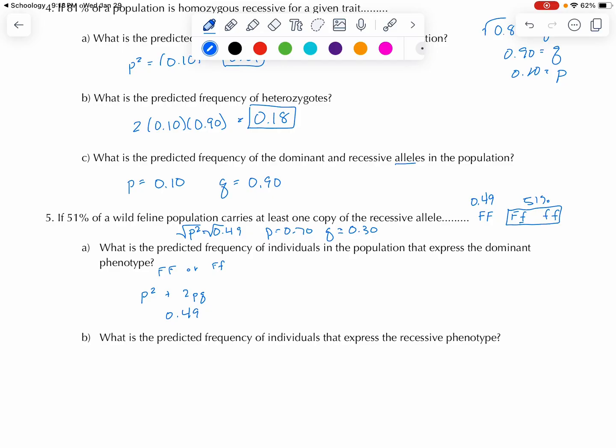It told us that in the very beginning. Plus 2 times 0.7 times 0.3. So it's 0.49. This, remember, was the exact same from before. It's 0.42. So 0.49 plus 0.42 is 0.91. And again, it's predicted frequency, so I don't have to change that to a percentage. What is the predicted frequency of individuals that express the recessive phenotype? Well, now that we know 0.91 is the dominant phenotype, the rest would be the recessive phenotype, 0.09.